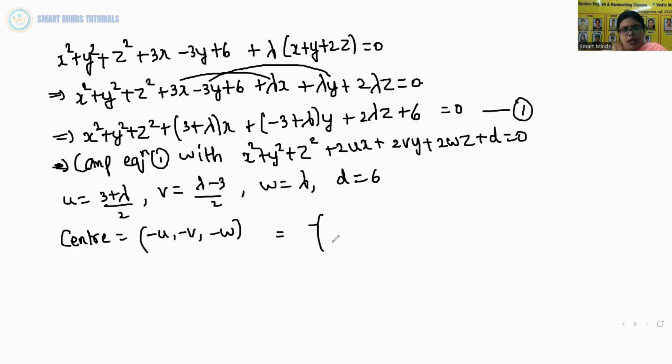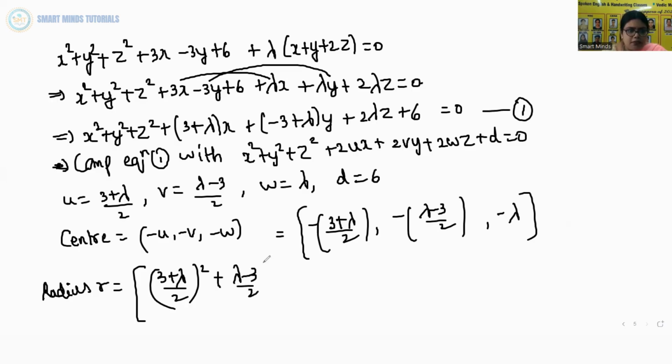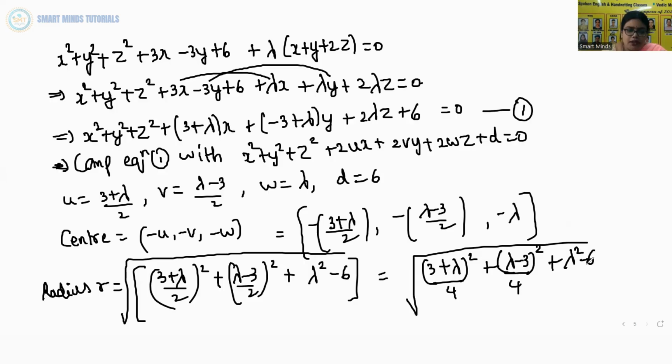So that is minus of 3 plus lambda by 2, minus of lambda minus 3 by 2, and minus lambda. What is the radius? Radius r is equal to the square root of 3 plus lambda by 2 whole square plus lambda minus 3 by 2 whole square plus lambda square minus 6. So you get the root over 3 plus lambda whole square by 4 plus lambda minus 3 whole square by 4 plus lambda square minus 6.